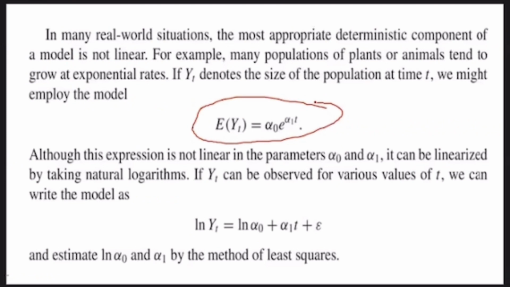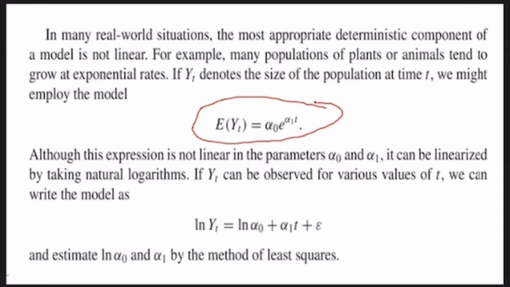But let me tell you this. Even though we know that in most real life situations the relationship tends to be non-linear, the idea of linear can still be used. Because of that, we have two types of non-linear model. The first one is called intrinsically non-linear. The other situation is this: we have a non-linear model that can be linearized.